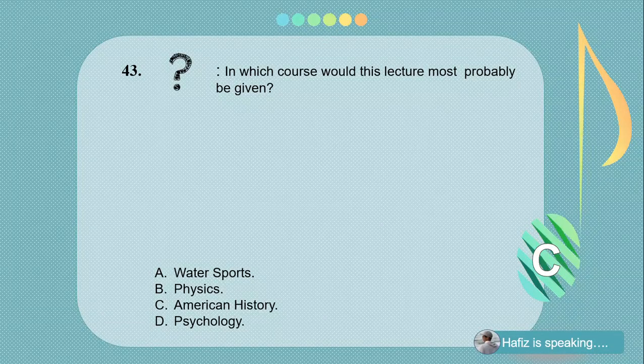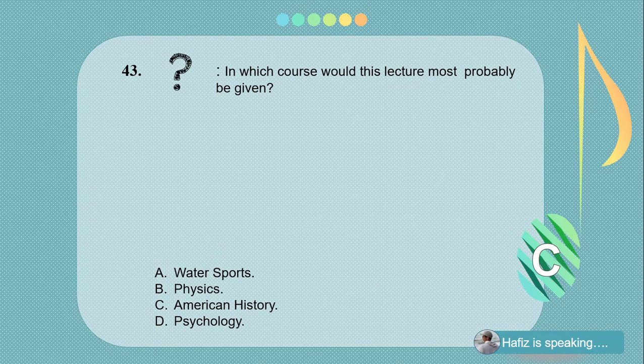For example, question number 43. The question is, in which course would this lecture most probably be given? And the answer is C, American history. We use the second way of thinking, where we have to focus on the first sentence.